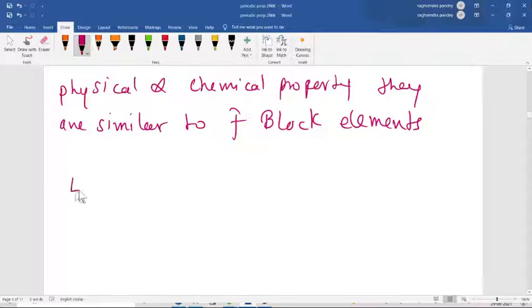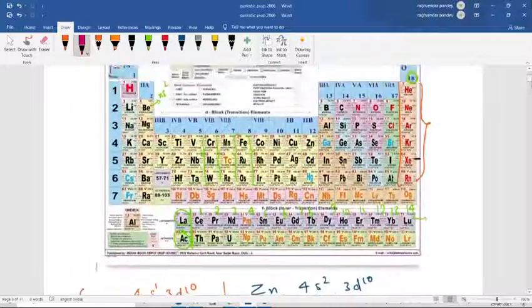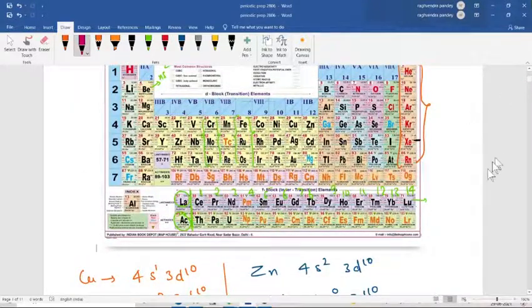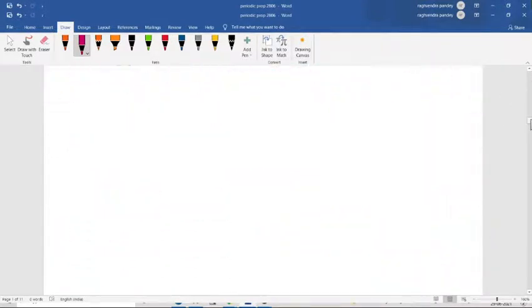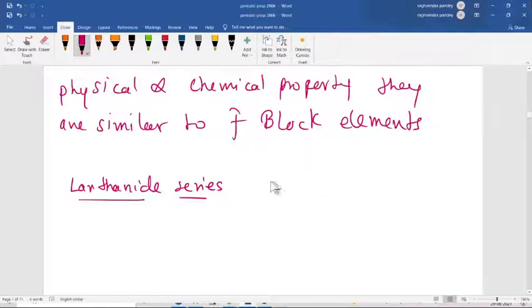The lanthanide series starts from cerium and ends at lutetium.